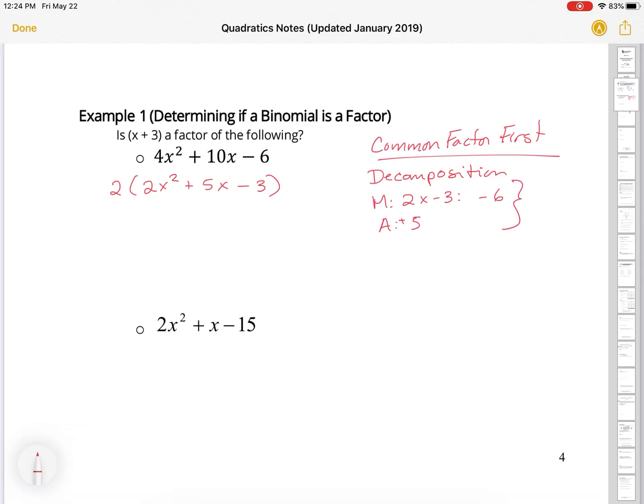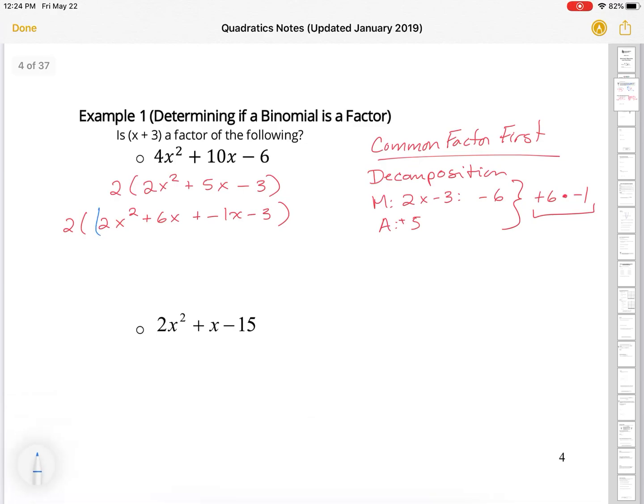So the two numbers are +6 and -1. Those will add up to +5 and multiply to give me -6. So here I'm going to break that apart. So it'll be plus 6x plus negative 1x minus 3.